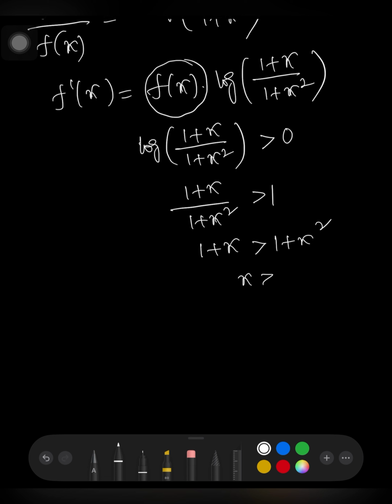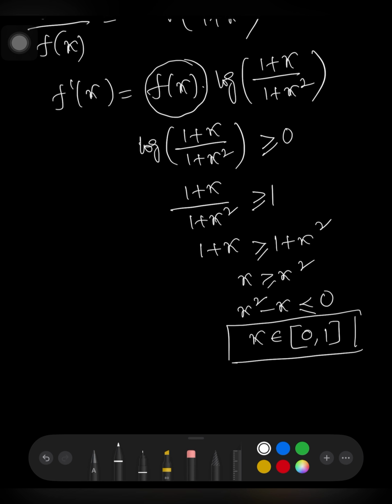So x is greater when compared to x². It will also be equal to 0 in case of x equal to 0, and equal to 1 in that case. Now we can take x common: x² minus x less than 0, so x is not equal to 0, x belongs to the closed interval 0 to 1.